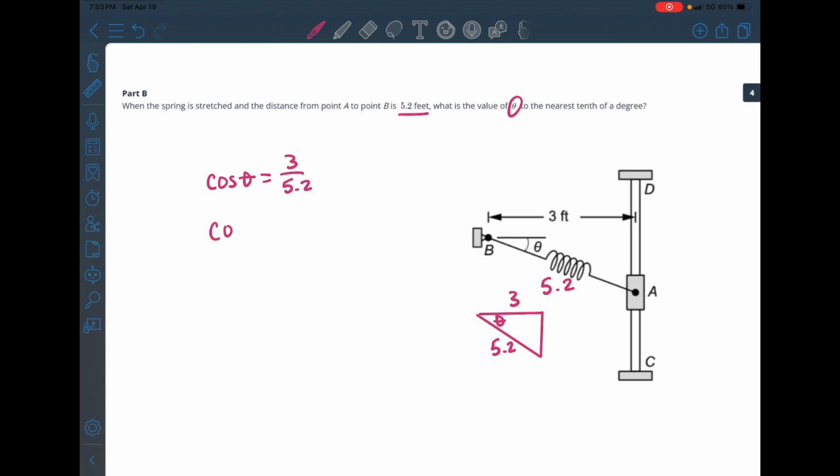So when we use that second button, this is what it looks like in our calculator: arc cosine, or cosine to the negative 1, inverse, sometimes it's also called. So you put that in your calculator, and it says to the nearest 10th of a degree. So we'd have 54.8 degrees.